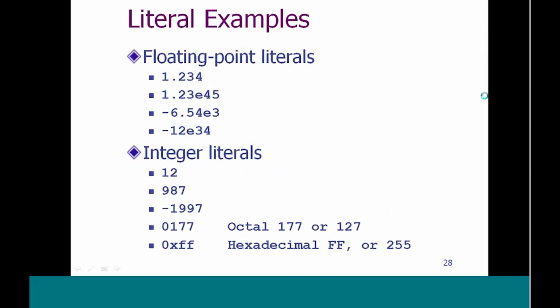Some examples are 1.234, 1.23 e to the power 45, minus 6.5, minus 6.54 e to the power 3, or minus 12 e to the power 34. These are all floating point literals. The integers are what is shown here. FF could be an integer. Octal 177 is actually an integer with value of 127. Hexadecimal FF is the same as 255.